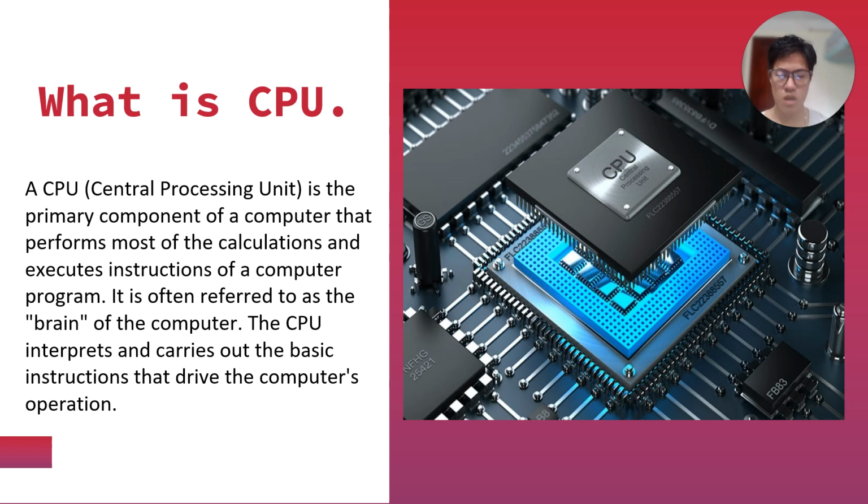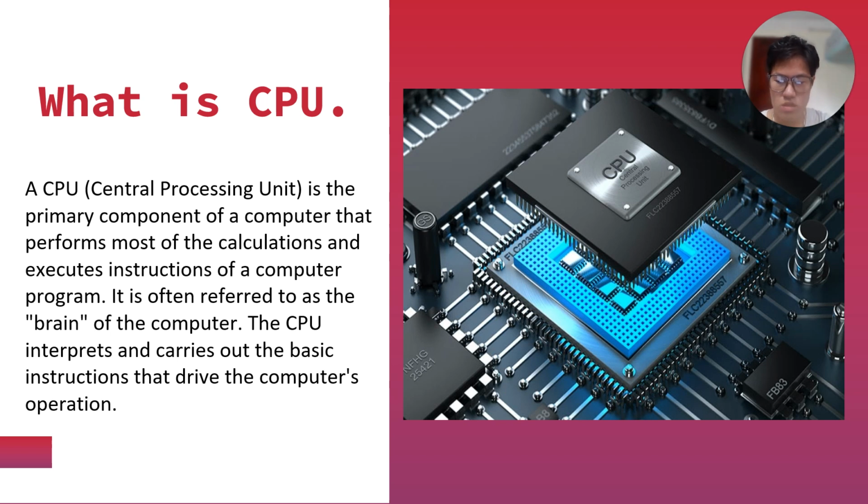Modern CPUs are built with multiple cores, allowing them to perform tasks in parallel. This is known as multi-threading or multi-core processing, which improves the overall performance of the computer by executing multiple instructions simultaneously.